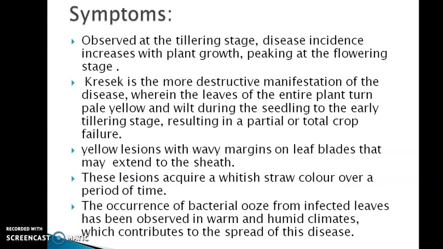Kresek is the more destructive manifestation of the disease, wherein the leaves of the entire plant turn pale yellow and wilt during the seedling to early tillering stage, resulting in partial or total crop failure. Yellow lesions are also observed on the leaf blades, and these lesions acquire a whitish straw color over a period of time. Also, bacterial ooze is observed on the infected leaves in warm and humid climates, and this contributes to the spread of the disease.